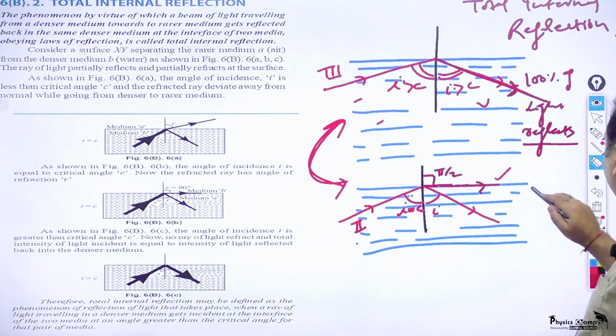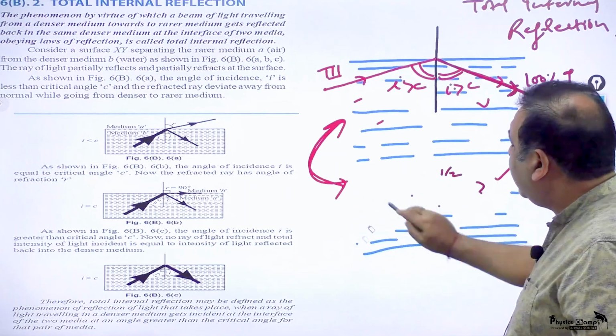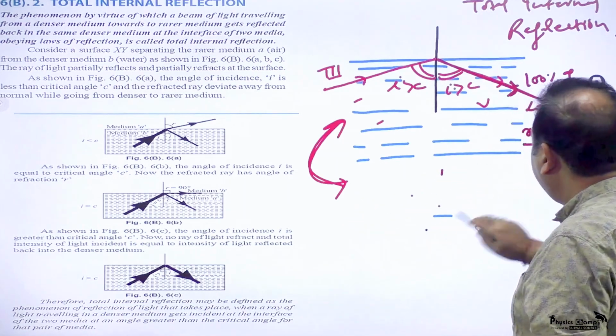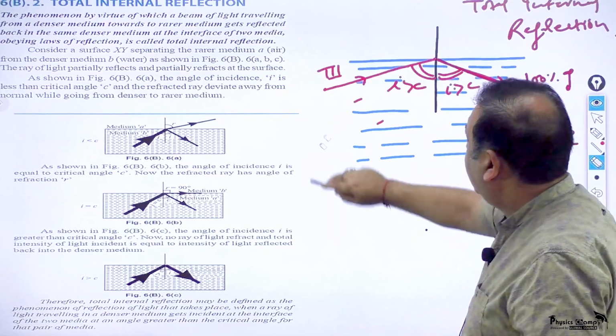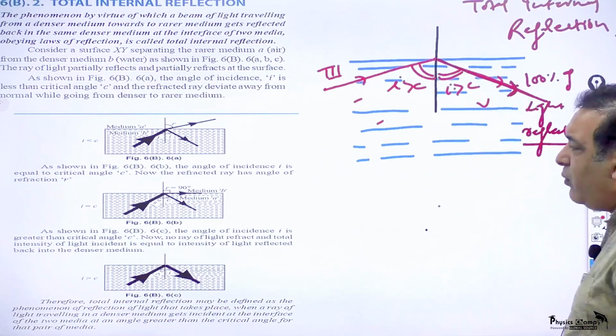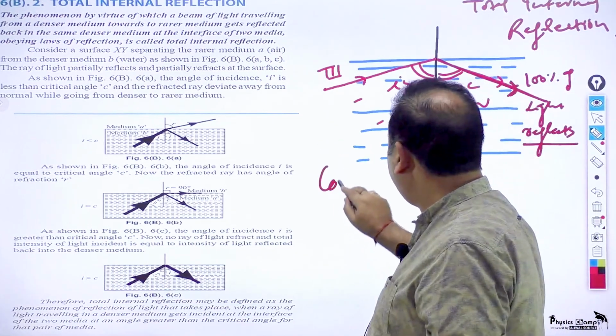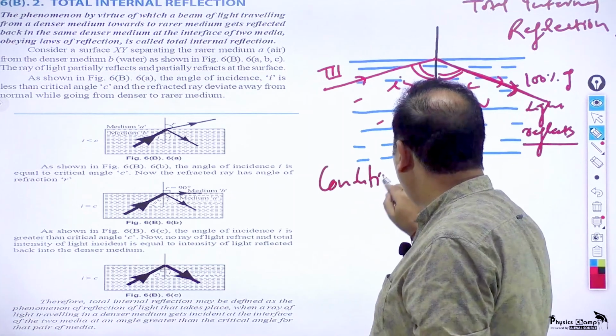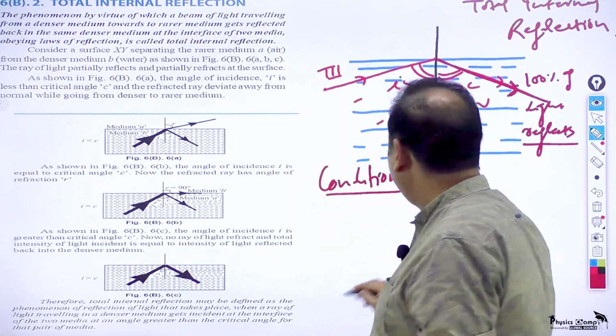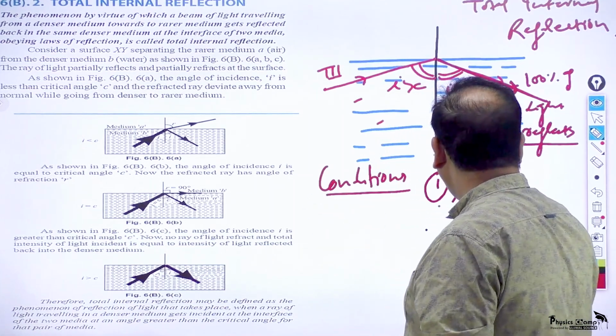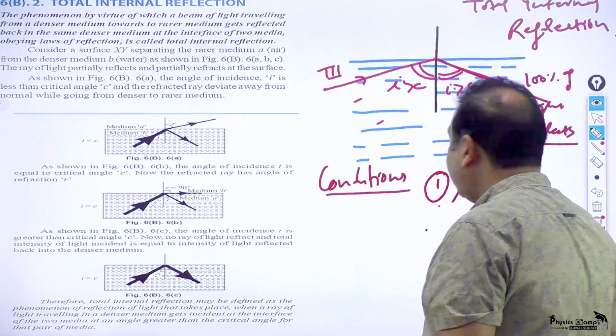And then, if I ask you, what are the conditions of total internal reflection? So conditions are, number one, the angle of incidence should be greater than the critical angle.